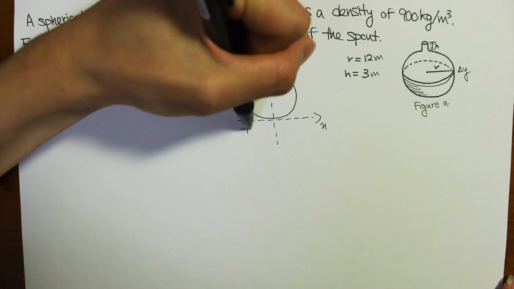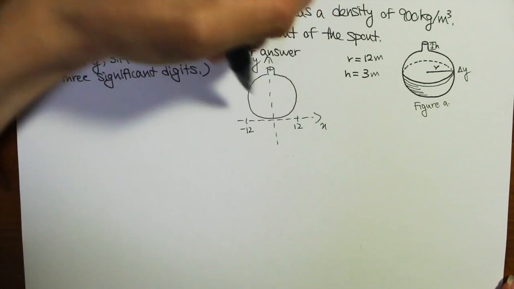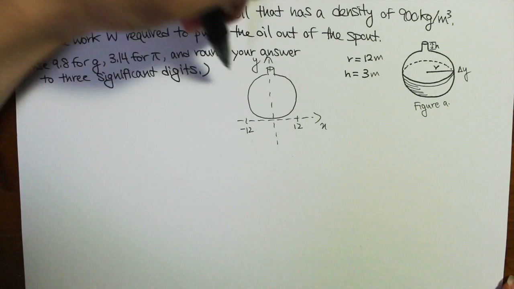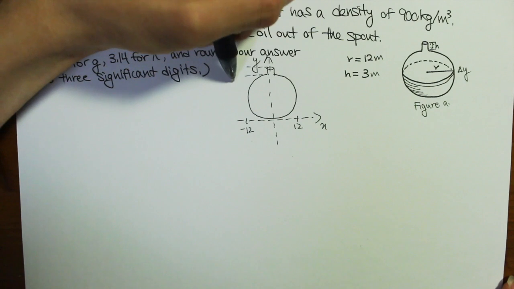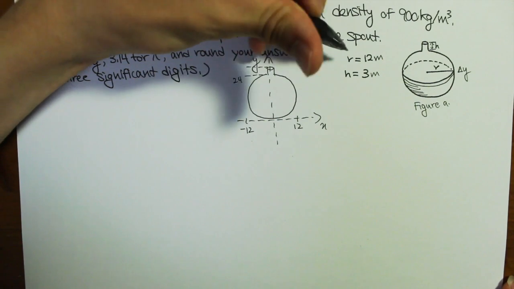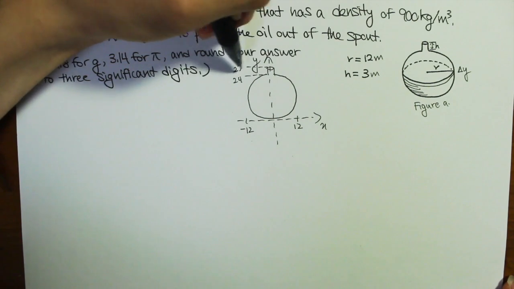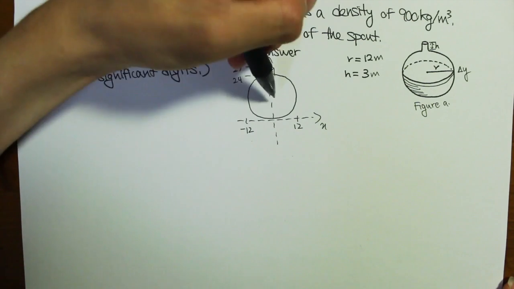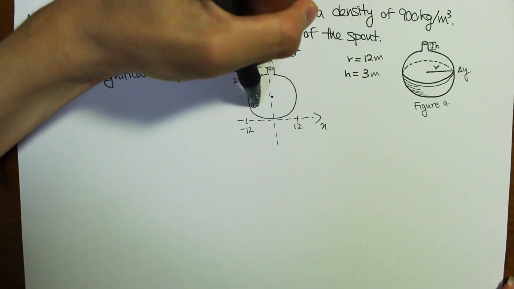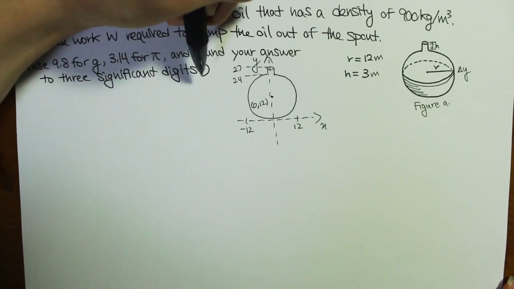The radius is 12, so the ends go from negative 12 to 12. The body goes from 0 to 24, and then the height of the spout is another 3 meters, so it would go all the way to 27 meters. The center of this figure lies at 0, 12.